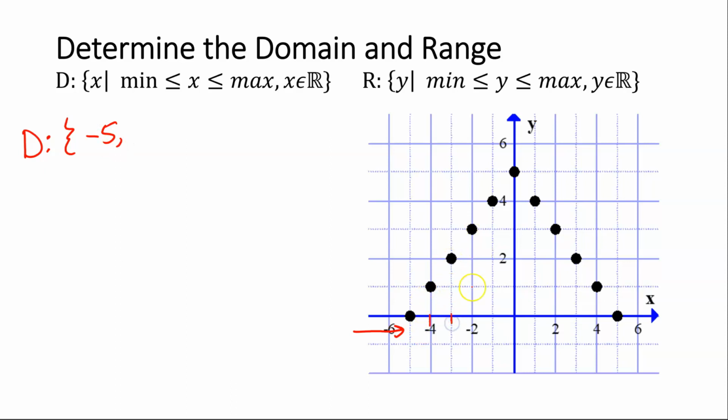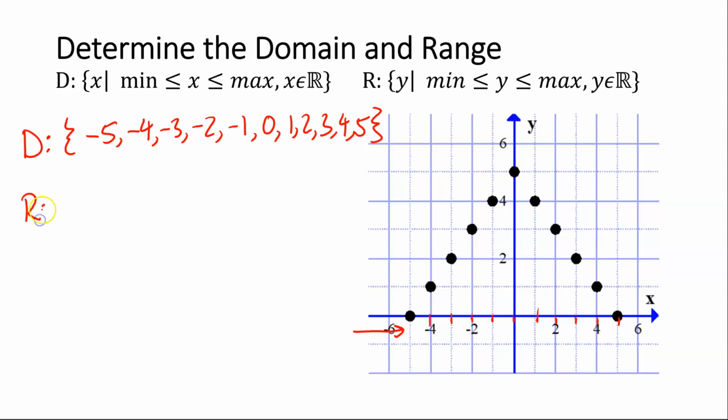Then you have -3, -2, -1, 0, 1, 2, 3, 4, 5. Those are all your possible x values. And we just list them from least to greatest: -5, -4, -3, -2, -1, 0, 1, 2, 3, 4, 5, and close the braces.